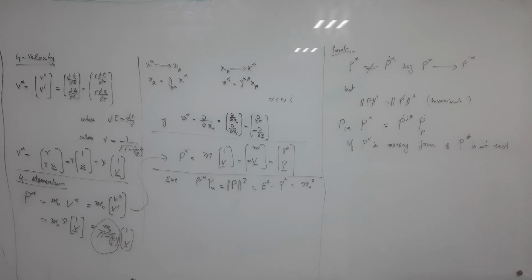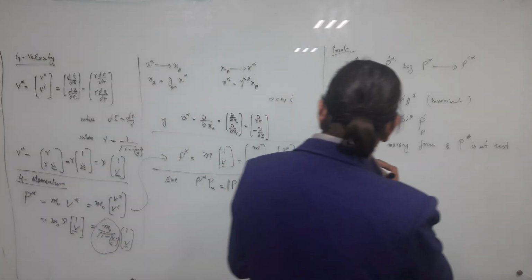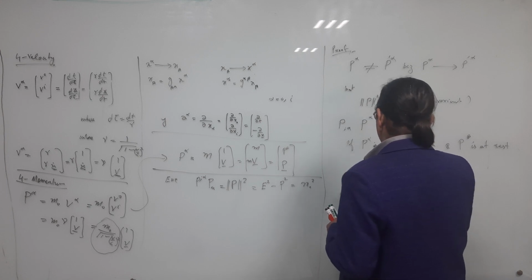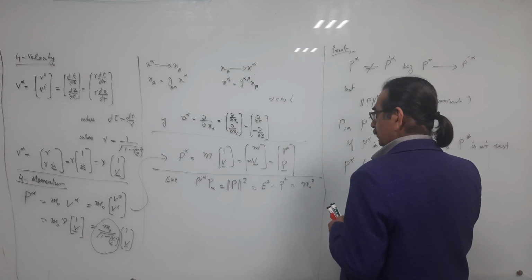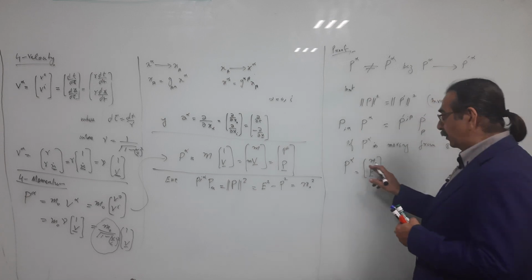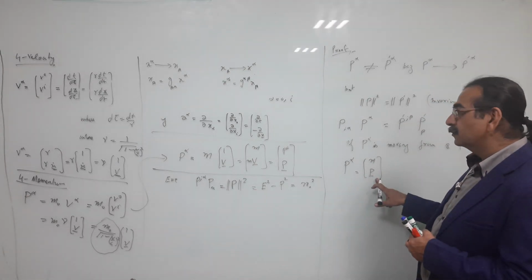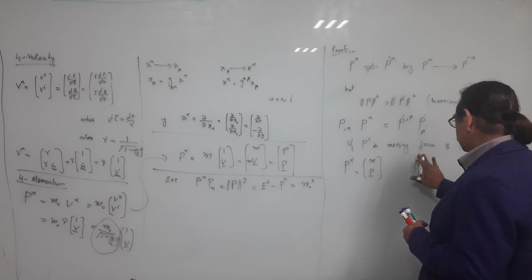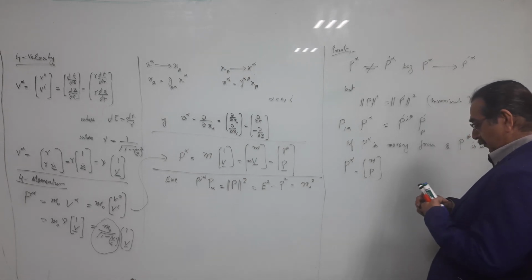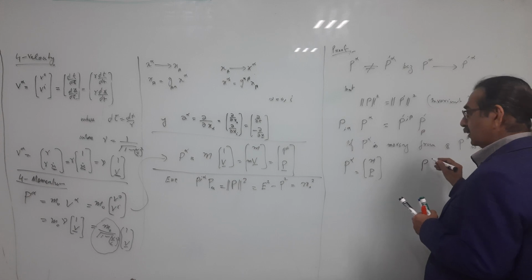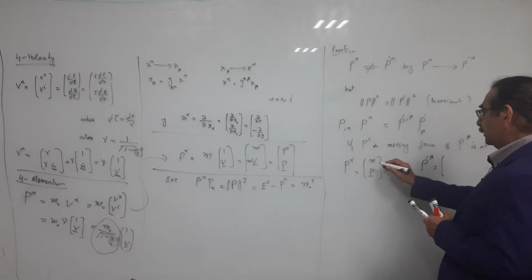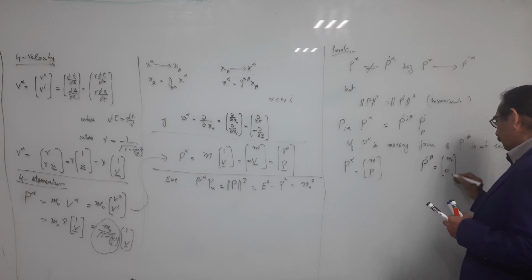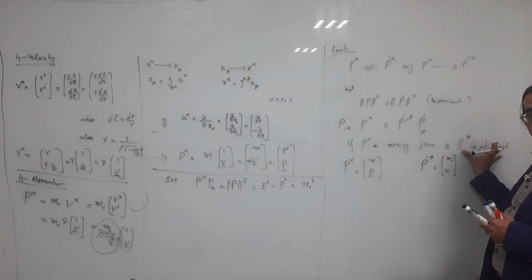If one is moving and one is at rest, P alpha is M P. P beta will be in rest, so this will be a rest mass, here M naught, and P will be 0, because it is in a moving frame and this is in a rest frame.